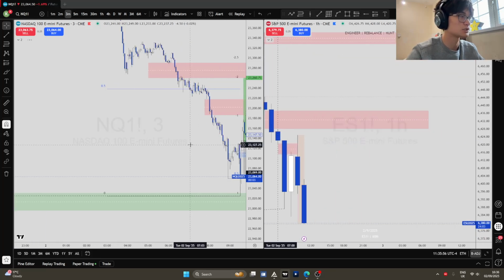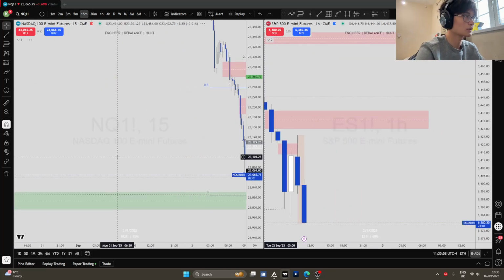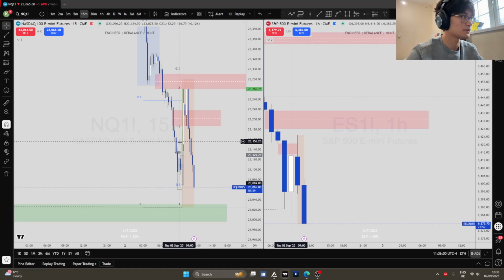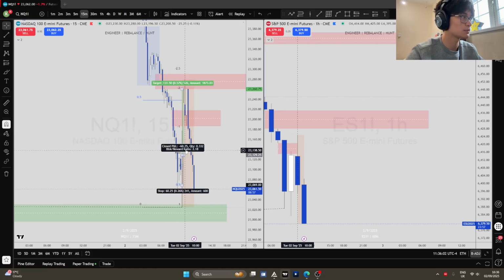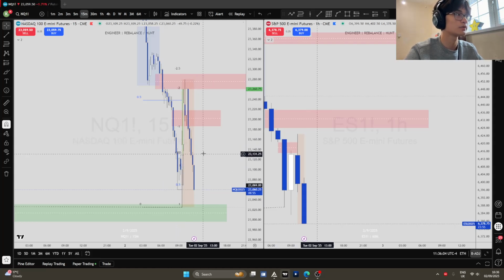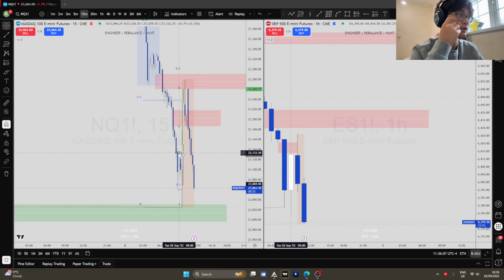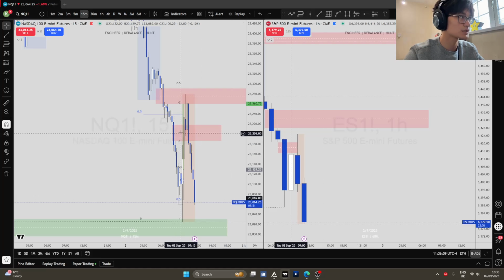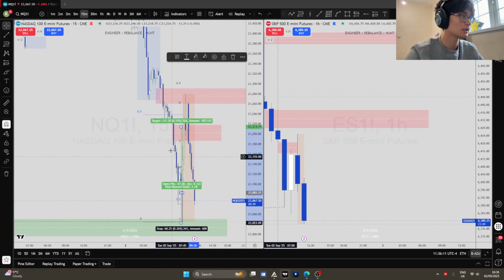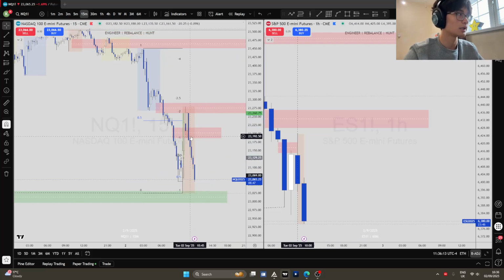Pretty high probability. So I took the trade. Why did I ignore these 15-minute CBs, or especially this one? Because it's in deep discount. I don't really expect any resistance from that. I would expect a little bit more resistance from this one because it's bigger and closer to EQ. So I did put my stop to EQ when it hit that 15-minute CB.